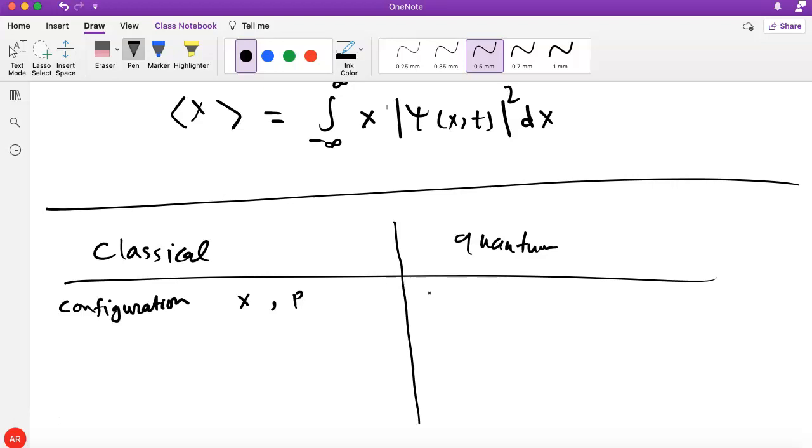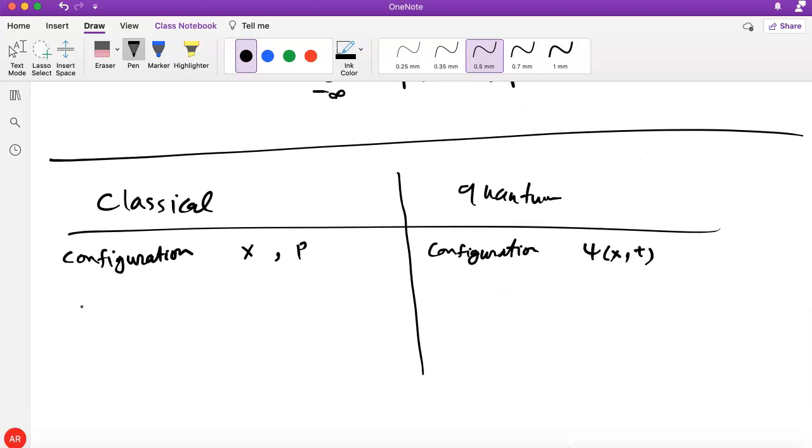In quantum mechanics, what we know is at some point in time, for all positions, we know psi of x and t. So at any moment in time, we can't say, oh, the particle is at that point or this other point. If you measure it, you can find it all over the place. But there's this mathematical object whose absolute value squared tells you about the probability of finding the particle in different places.